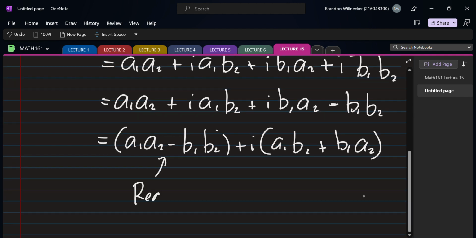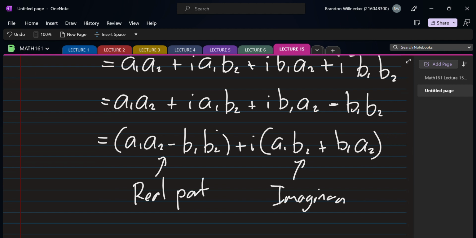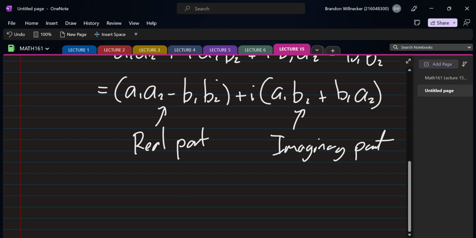Okay, so here again, these make up the real part, and this makes up the imaginary part. And since we have a real part plus i times an imaginary part, we get back a complex number. So the product of two complex numbers is again a complex number.